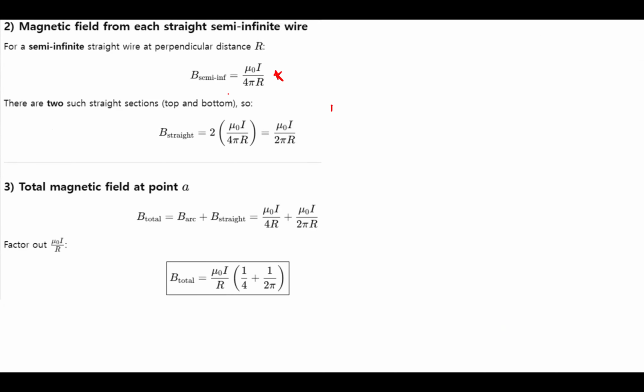So we know that semi-infinite straight wires, the magnetic field is given by this one, is same as, okay. And there are two such straight sections, top and bottom.